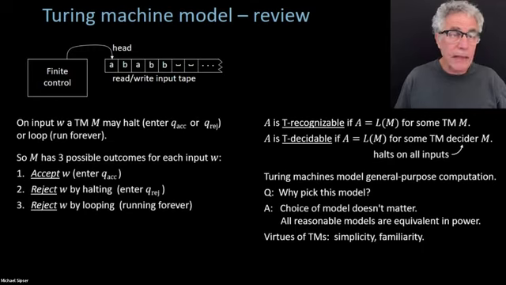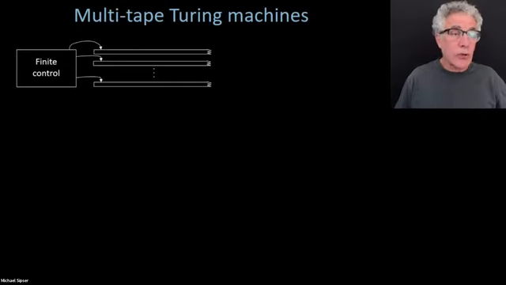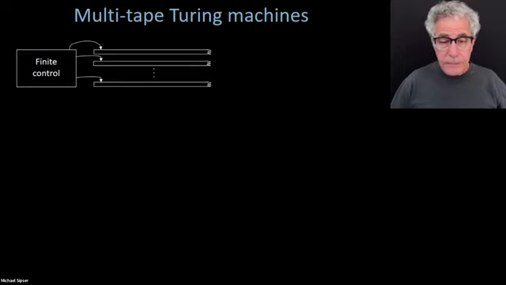Turing machines feel like a primitive kind of computer, and in that sense, they have a certain familiarity. Okay, so let's start talking about variations on the Turing machine model, and we're going to argue that it doesn't make any difference. This is going to be a precursor to a discussion of a bit of the history of the subject that we're going to get to in the second half of the lecture.